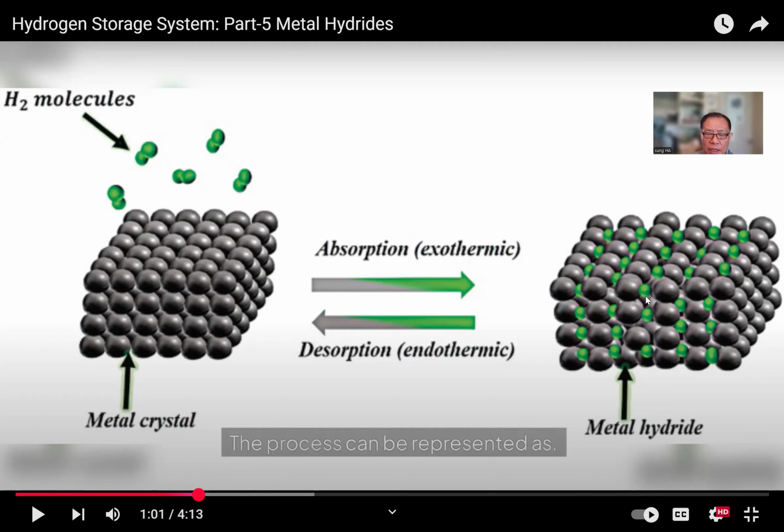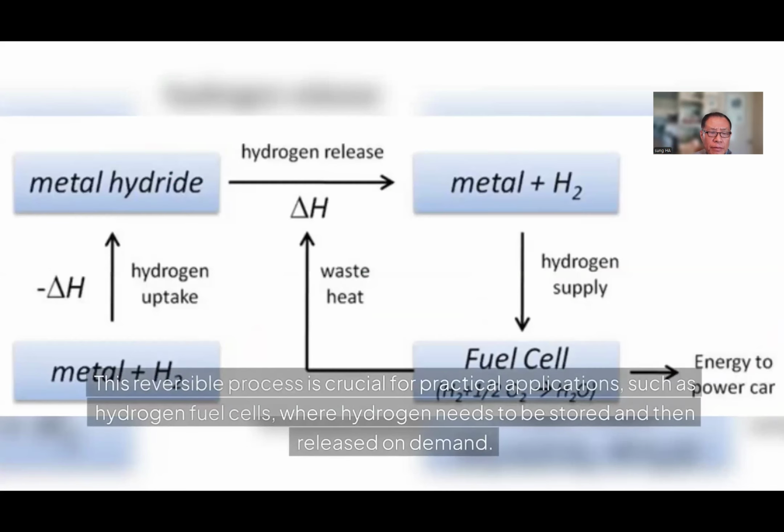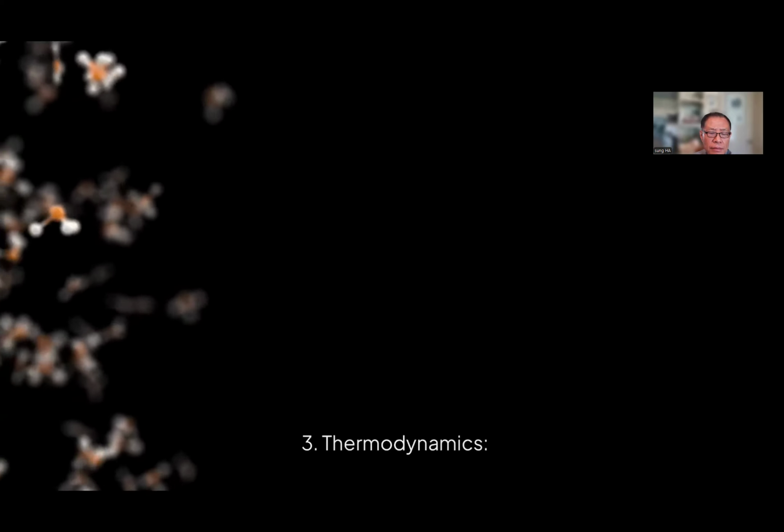There are the procedures of absorbing and dissolving. The process can be represented as follows. This reversible process is crucial for practical applications, such as hydrogen fuel cells, where hydrogen needs to be stored and then released on demand.